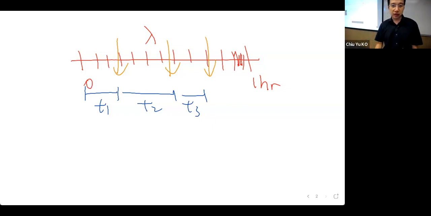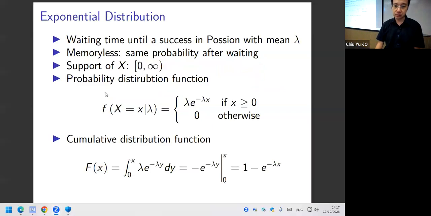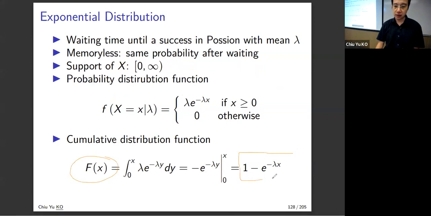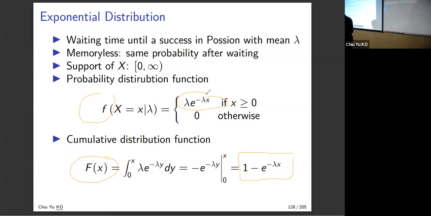And we can show the big F. The big F follows this guy, and small f will be this guy, okay? And we don't prove it, but you can actually prove it from the Poisson, okay?